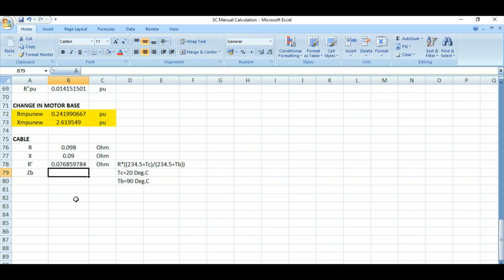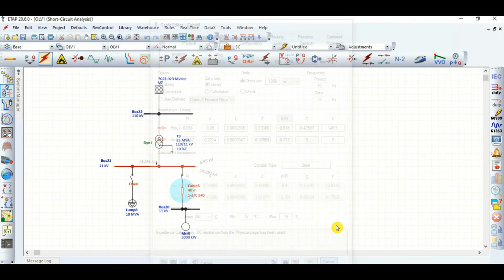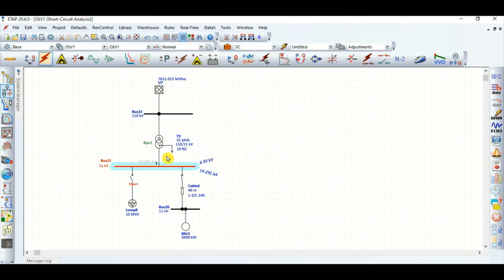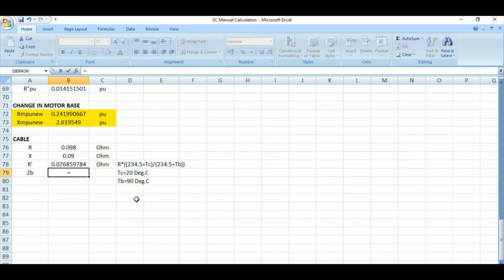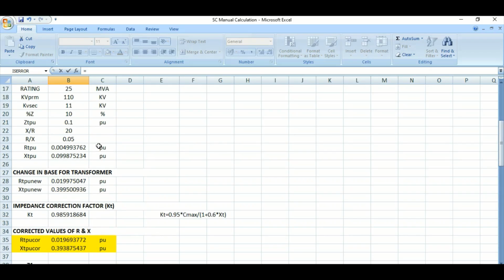So what is base kV? Base kV is 11 kV, because this is an 11 kV system. We are calculating the fault current here at 11 kV. So this equals base kV 11 kV squared divided by base MVA.